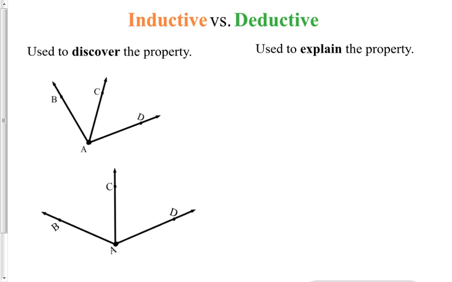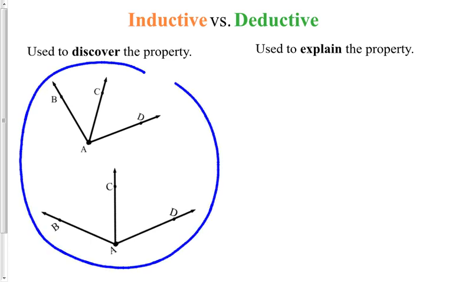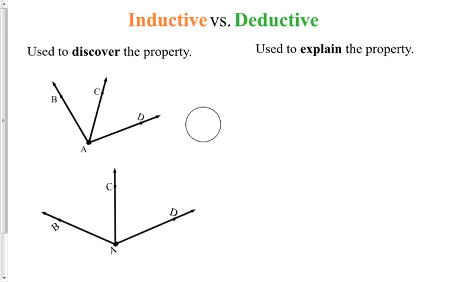Well, think about this. We took two examples and we'll now try to apply this to all obtuse angles. How many different obtuse angles are there? There's probably an infinite number of obtuse angles. So how can two examples represent an infinite number of obtuse angles? That seems a bit extreme, right?